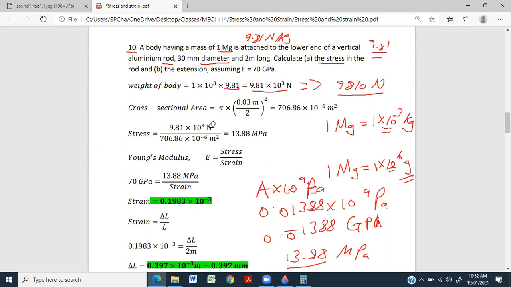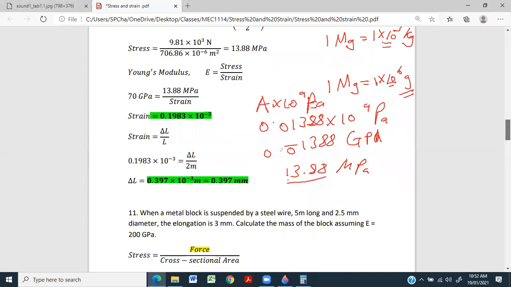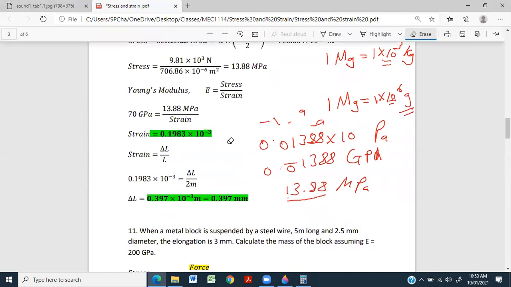Notice that the units are newtons per meter squared, and then write that down as megapascals or whatever, right? Putting everything into your calculator instead of keeping this 10 to the 3 and 10 to the minus 6 and doing 10 to the power of 9 outside, right? So we just found stress.